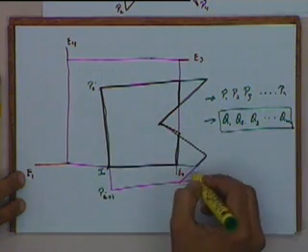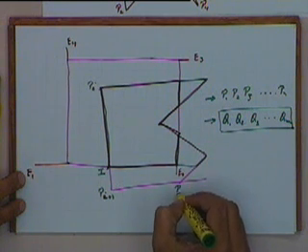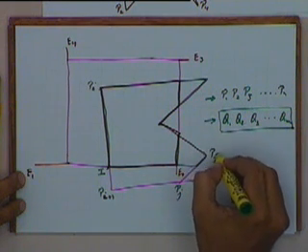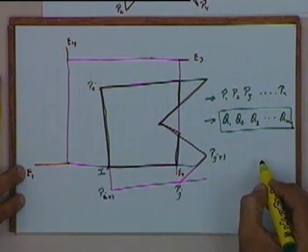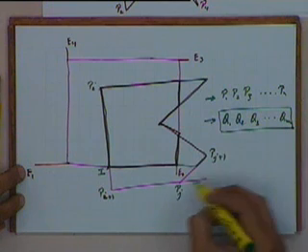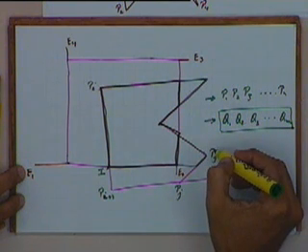On the other hand, if we have a case like this, where this is, let's say, Pj and this is Pj plus 1, mind you, right now I am clipping with respect to the clipping edge E1. So Pj is outside and Pj plus 1 is inside.